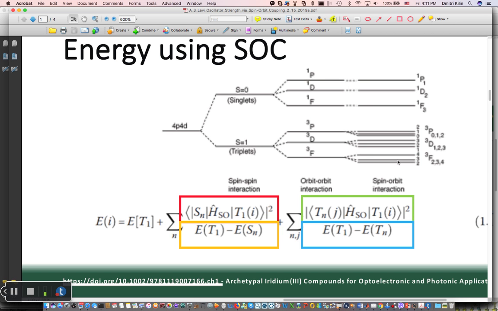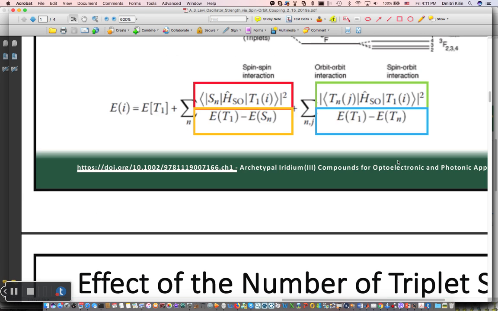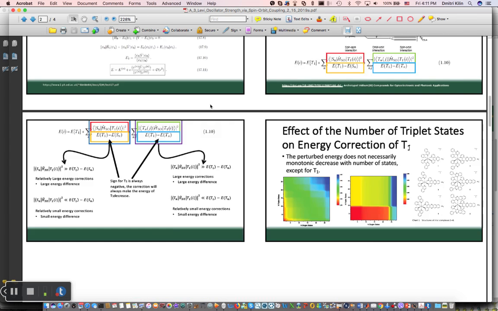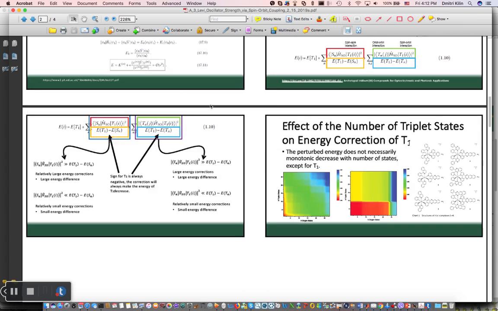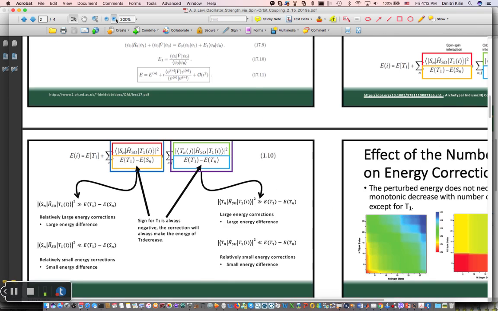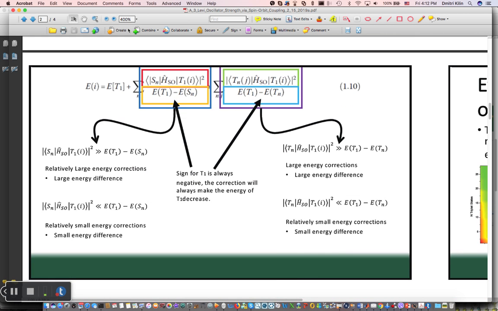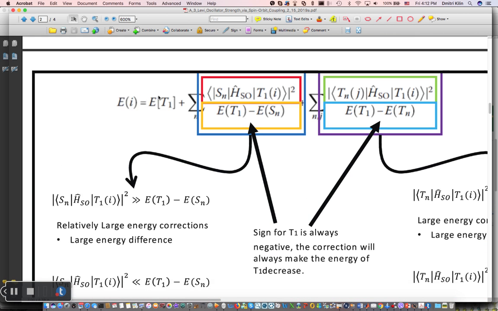And later on we'll talk about the relative strength, actually right now. If we look at each term, this first one, we can look at the relative magnitude of the denominator and numerator.